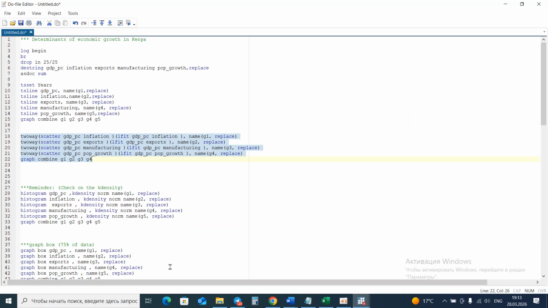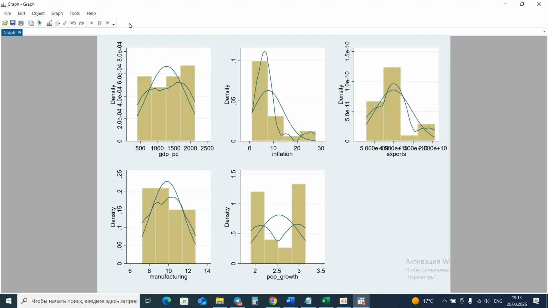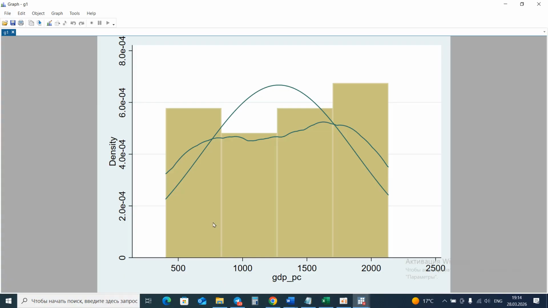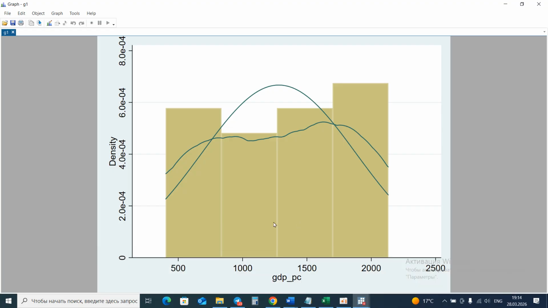So next command is histogram. Histogram displays distribution of GDP per capita and all our variables, no matter if they are dependent or independent.